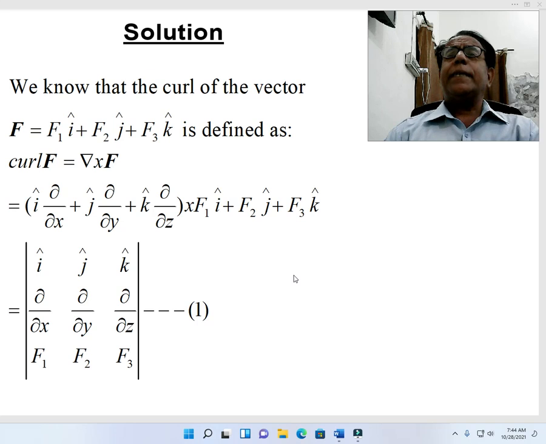We know that the curl of the vector function f bold equal to f1 I unit vector plus f2 j unit vector plus f3 k unit vector is defined as curl f bold equal to del operator or nabla cross f vector.